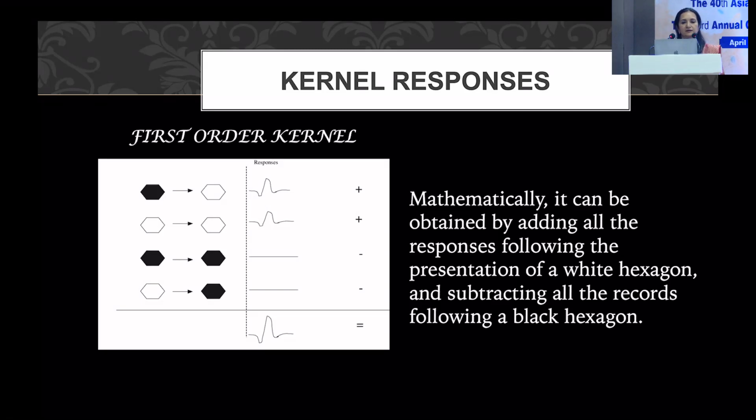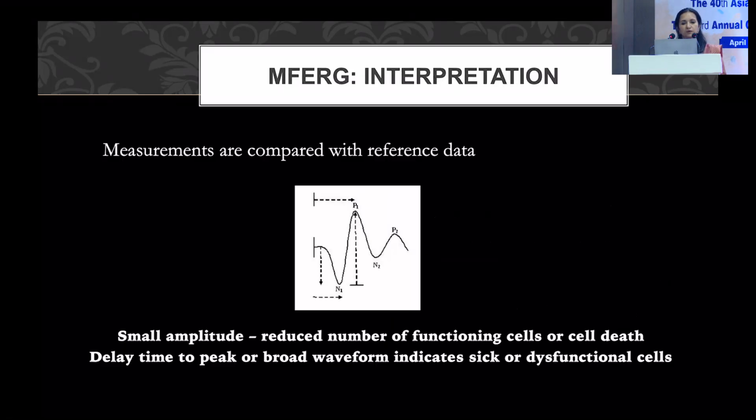So it is a kernel, a mathematical algorithmic extraction which is given to us. It is interpreted in the same way, where N1 usually represents the A wave and comes from the photoreceptors. A decrease in amplitude suggests cell death, whereas a delay in implicit time or latency is usually suggestive of malfunction.